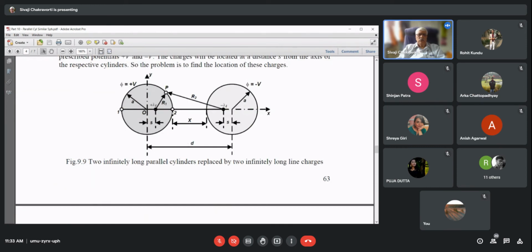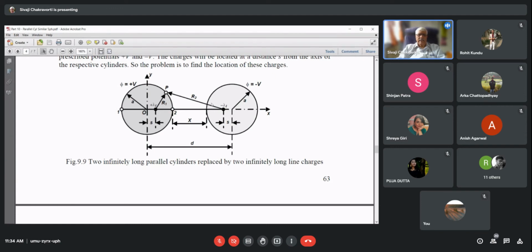I am considering 2 points on the positive cylinder, 1 and 2, lying on the straight line joining the two axes. Then at point 1, what is the distance R1? You can clearly see the distance R1 is radius A plus S. Then at point 1, what is the distance R2?